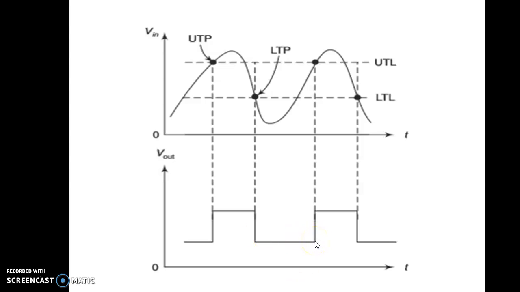And this conversion occurs up to, once again, the UTP is attained. So this process continues again and again, and hence a non-sinusoidal waveform is converted into a square waveform by the Schmitt trigger circuit.